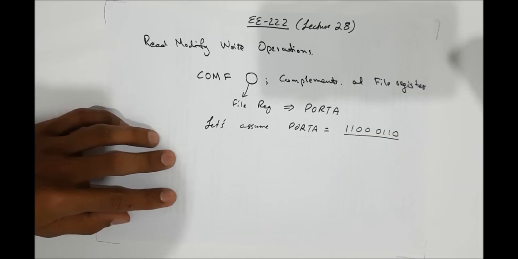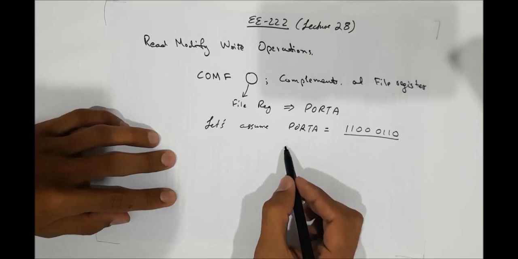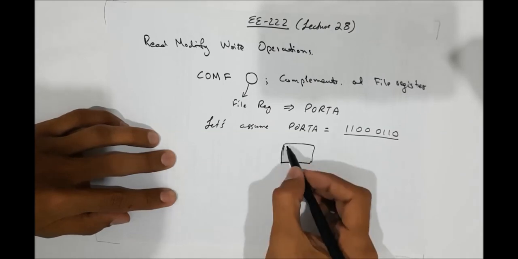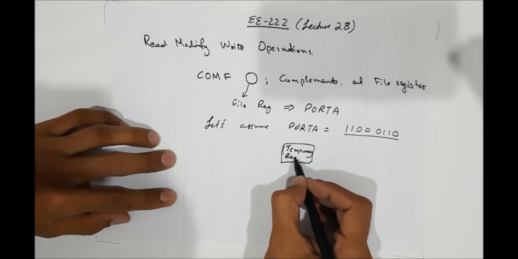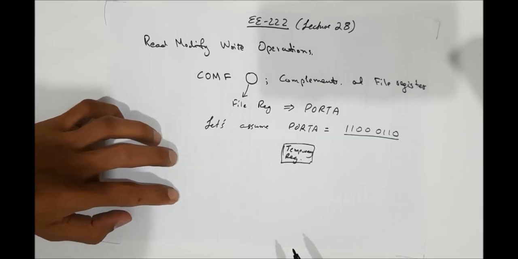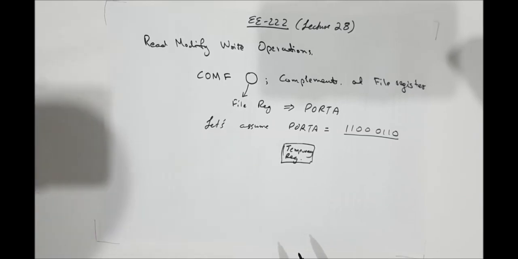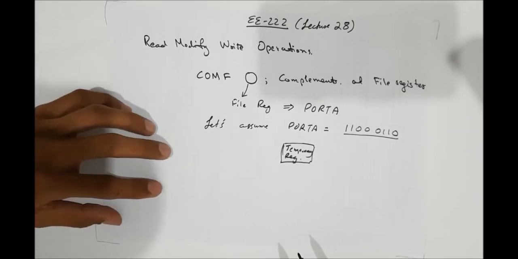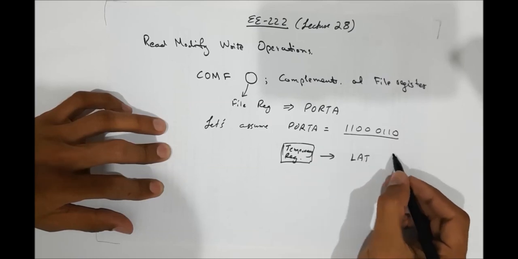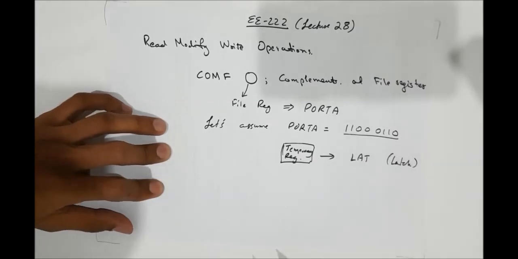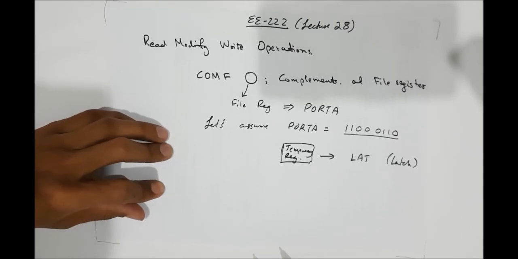The point to note here is that when we try to read, modify and write back the contents of a single register, we need some temporary location, some temporary place where we can store these initial contents, because at the same time we cannot read them, modify and write them back again. So that temporary register is usually a latch. Every port has a latch register associated with that.